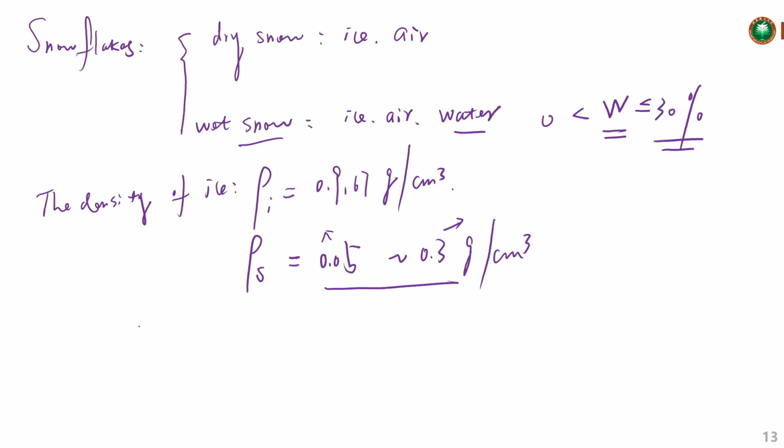So why do we want to use the density of snowflakes? Because we want to calculate the dielectric constant for dry snow.